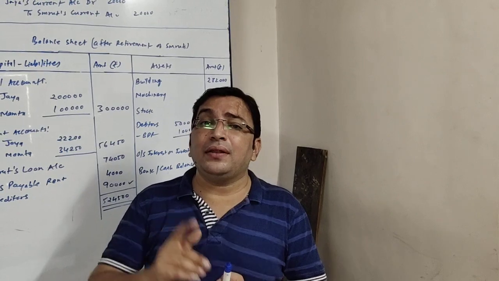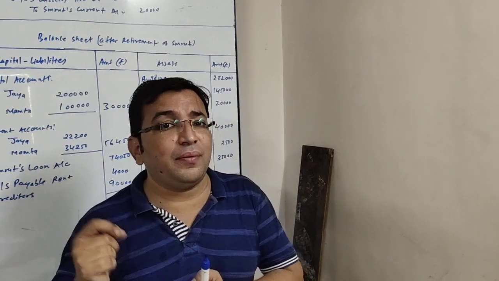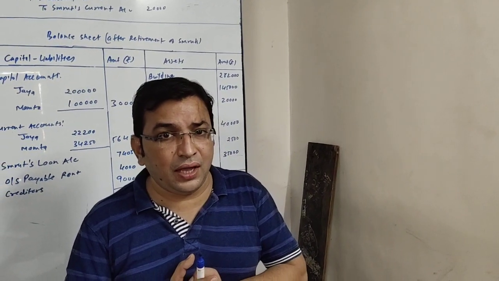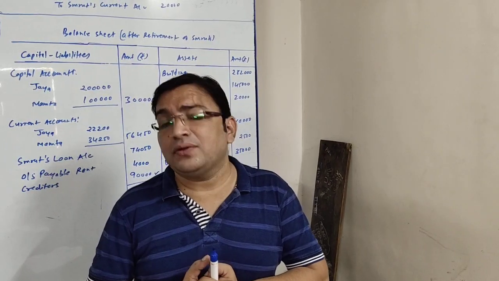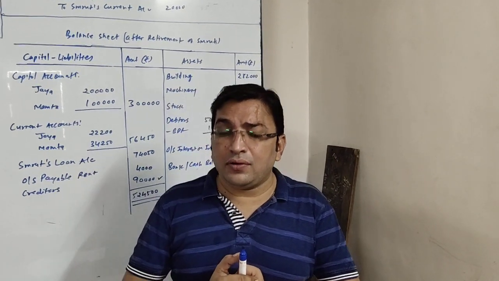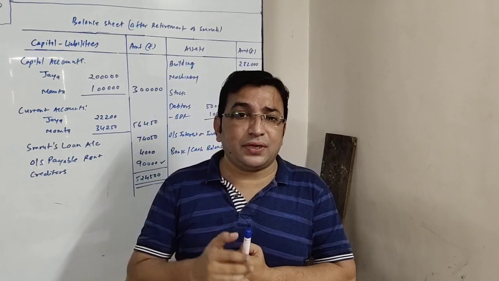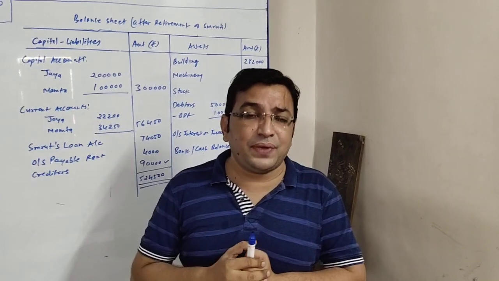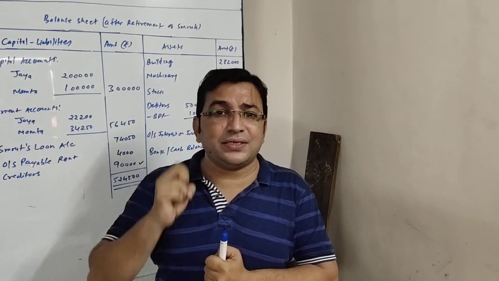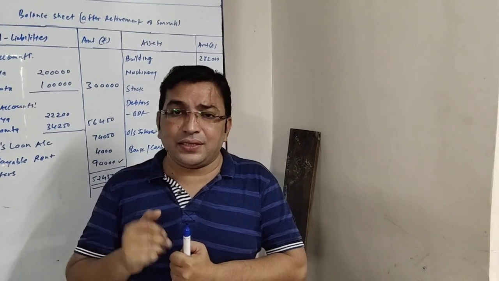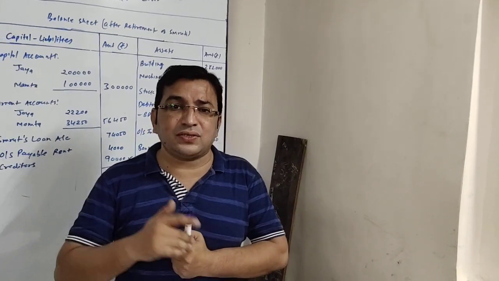So what will happen? The entry will be cash or bank account debit to investment account, and how much amount? 35,000. Actually the investment given is 33,000, but we are selling it for rupees 35,000. That means there is a profit of rupees 2,000, and this is a profit at the time of reconstruction, so it will be credited to revaluation account.